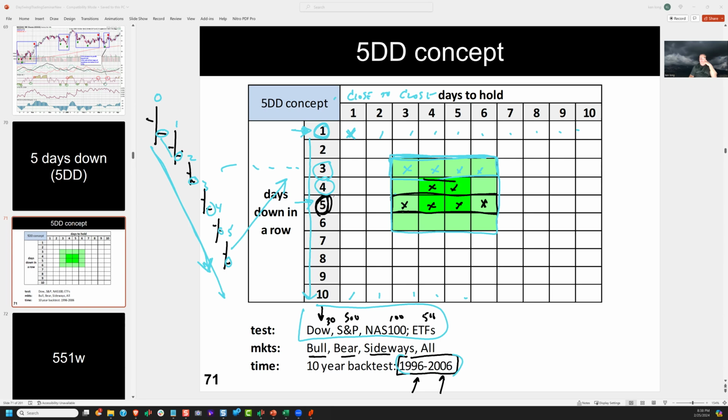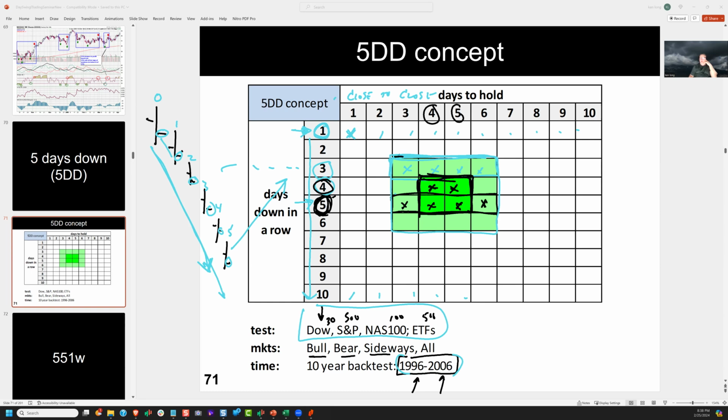And then on 5 days, what we found was, here was the sweet spot, was either 4 or 5 days down, and then holding them either 4 or 5 days gave you the biggest consistent price improvement out of that whole data set.